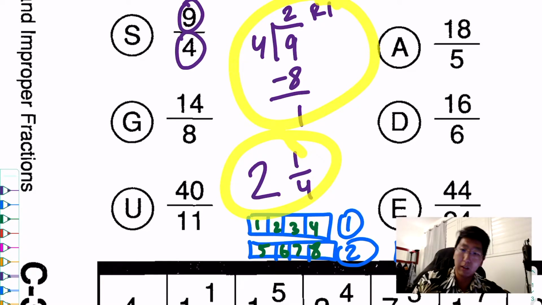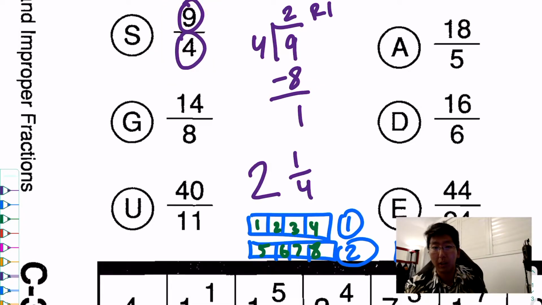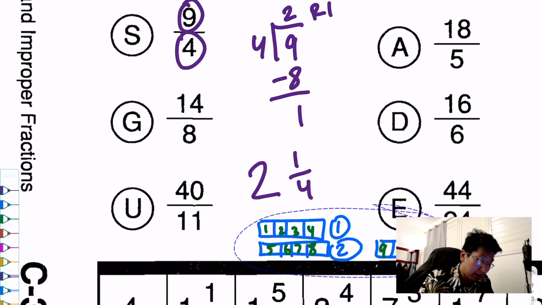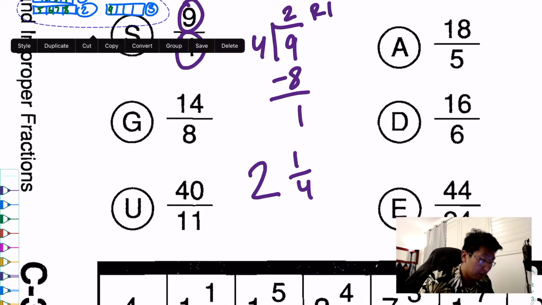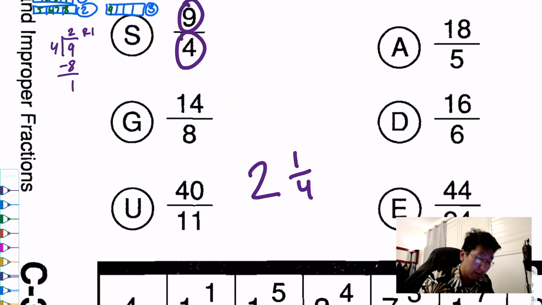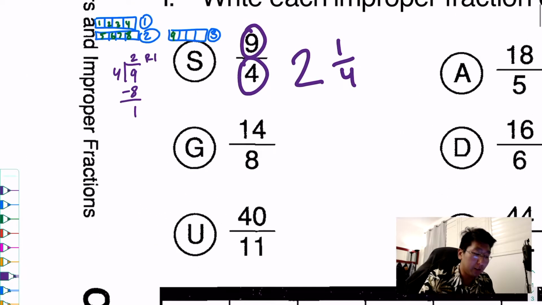Mathematically, we could just divide because when we look at fractions, it's another way of talking about division. This is just an illustration for you. This is how we can solve mathematically, but this is our answer, 2 and 1/4. Here I'll just do it mathematically.